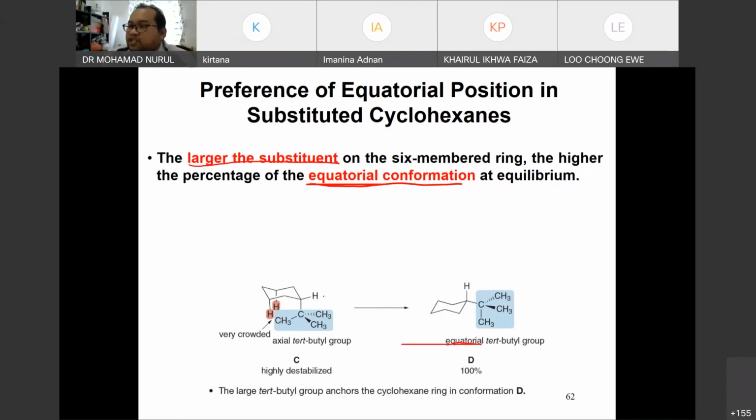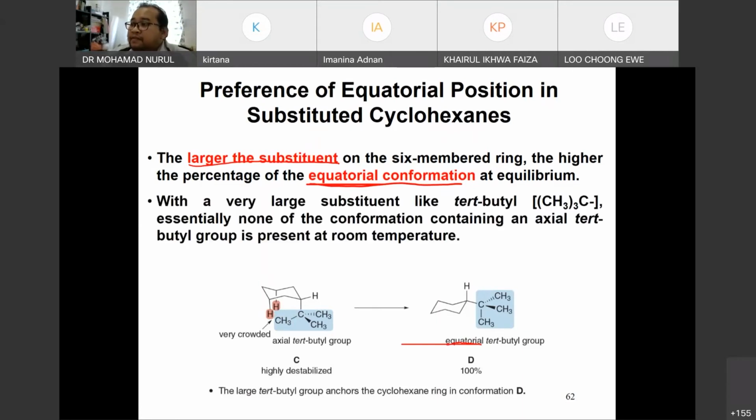It's almost impossible to form the axial tert-butyl, because of huge interactions between the tert-butyl group and the hydrogens. The second one is very crowded, so it is not preferred in axial positions but is preferred in equatorial positions. This is the explanation.